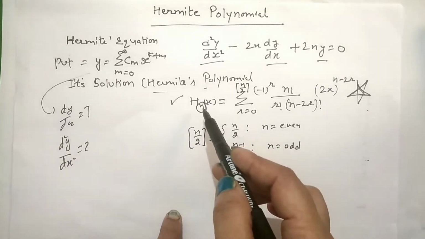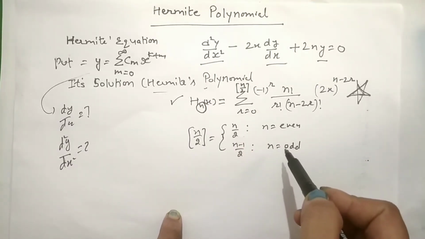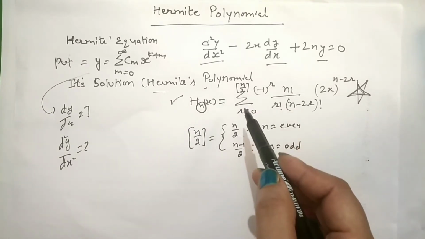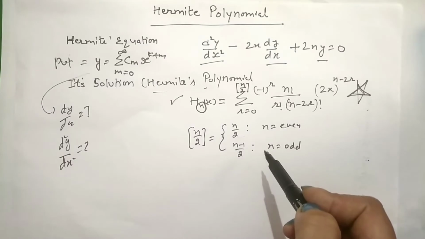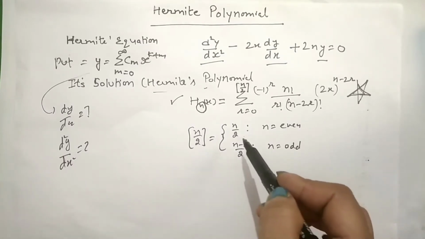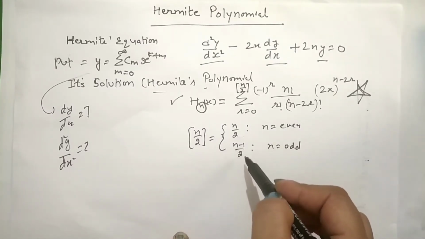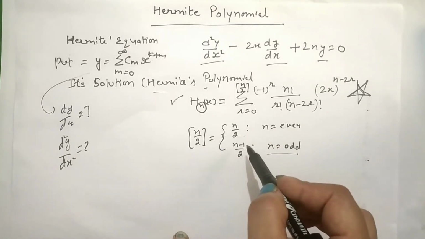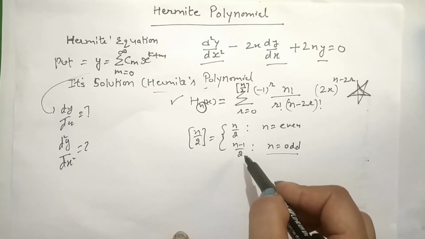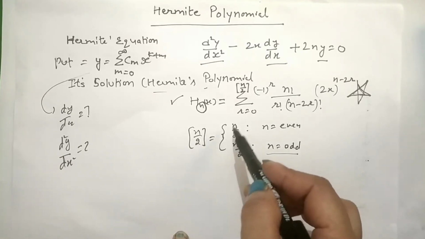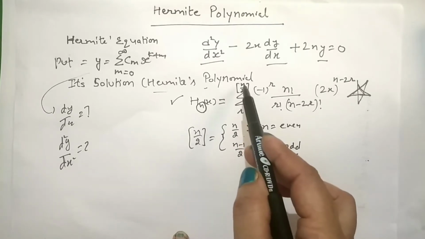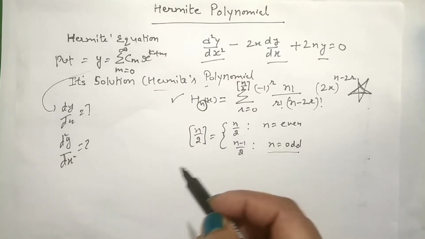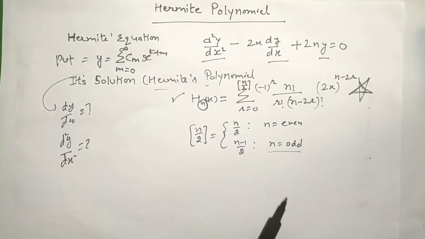If n is odd, n divided by 2 gives a fraction, so we write the last whole number before it, that is n minus 1 upon 2. Like if n is 5, then 5 minus 1 is 4, and 4 divided by 2 is 2, which is an integer. In this way you expand the summation up to the box of n by 2 according to whether n is even or odd. So this is the definition of Hermite's polynomial and its value.